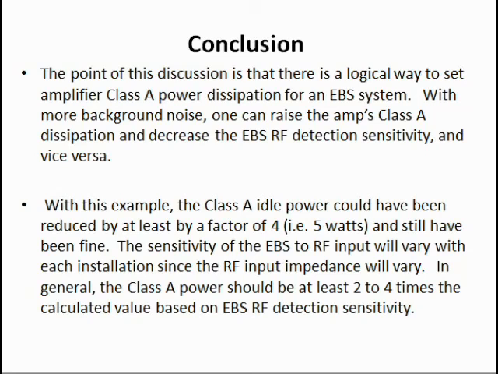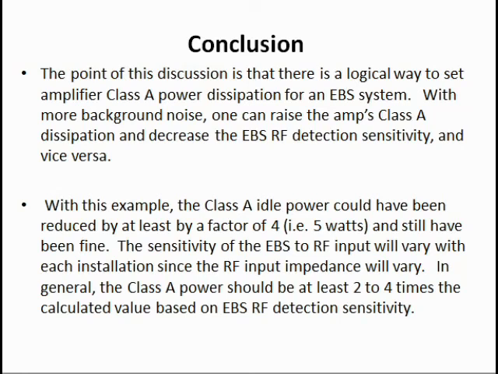So I recommend that the Class A power be able to handle 2 to 4 times the calculated power that we showed with a Class A amplifier, and this is based upon 2 to 4 times the minimum sensitivity, or lowest sensitivity, of the EBS detection sensitivity.